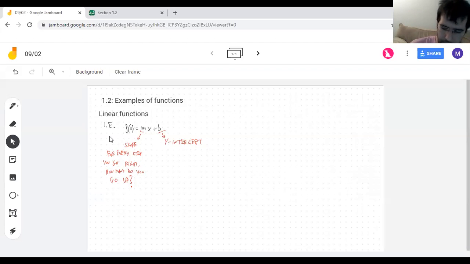So, for example, f of x equals negative 2x plus 3.